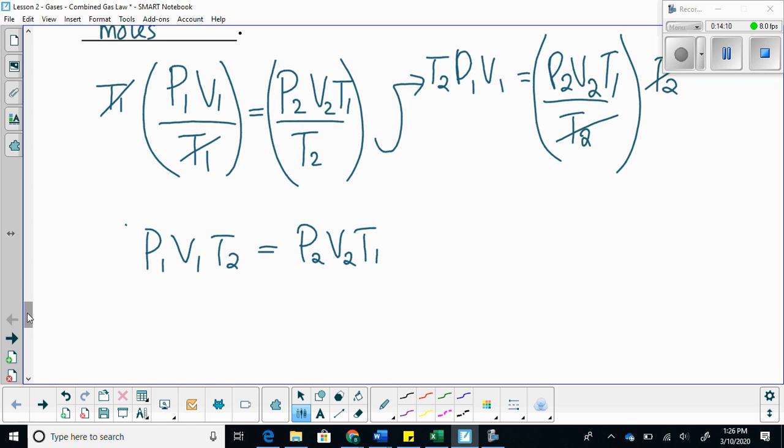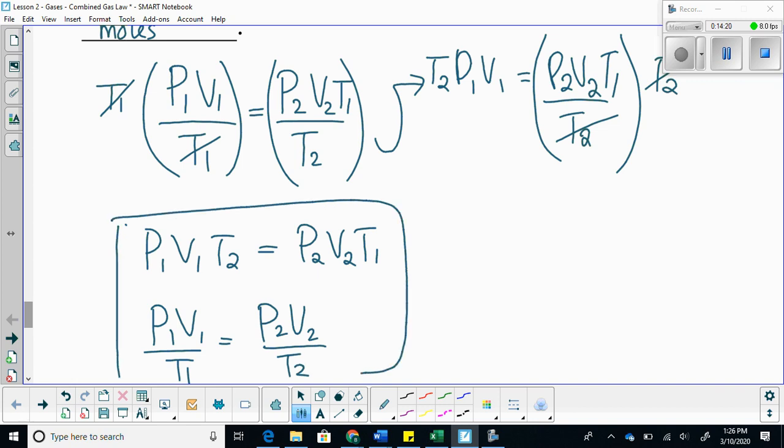So there's one way of writing it, and there's the other way: P1 V1 over T1 is equal to P2 V2 over T2. These are representing the combined gas law. Either one of the formulas is fine. You will need to memorize this.